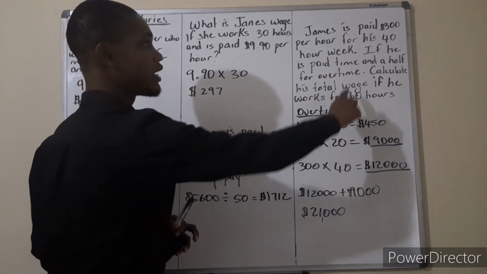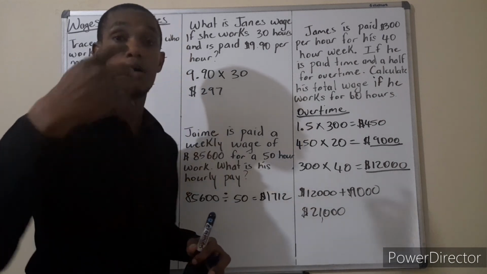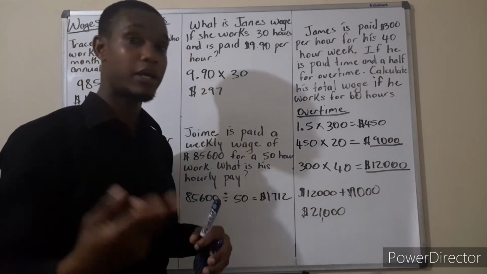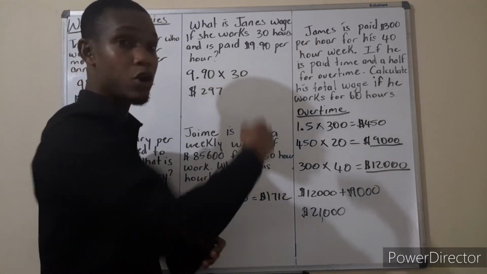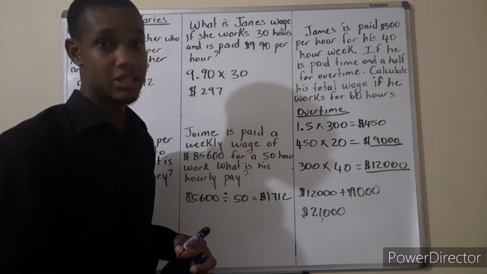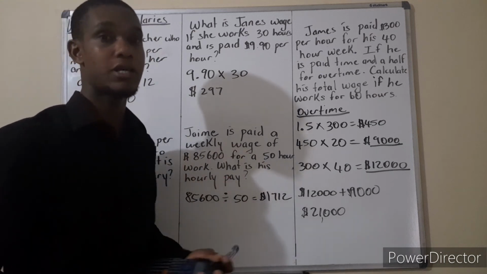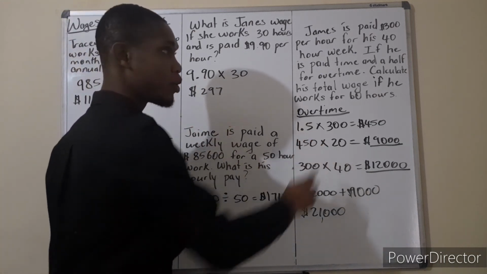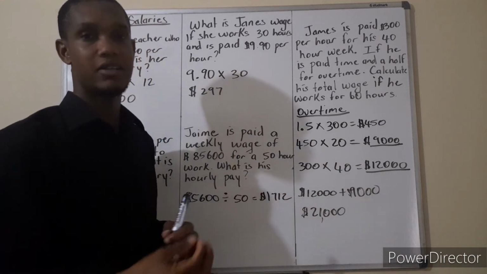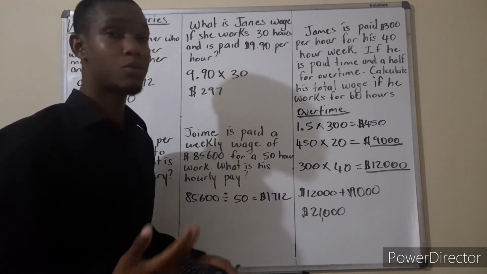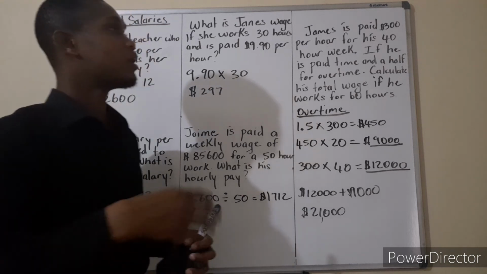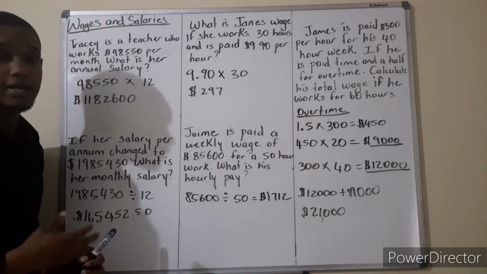And for overtime, you will get terms like time and a half, which means 1.5 times the normal pay, or you may be paid double, which is twice normal pay. You can get a percentage amount as well, so you just work out the percentage of the normal pay. But it's generally a particular amount of the normal pay that you would be getting for overtime. And some questions may explicitly tell you the amount that you get for overtime. So that's the general concept of wages and salaries.